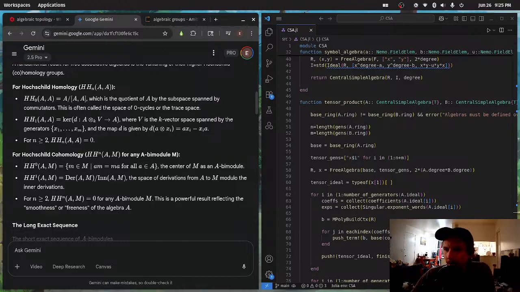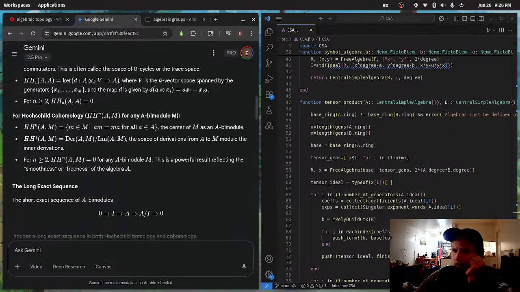HH1 is A tensor V, where V is the K vector space spanned by the generators, and the map D is given in this way. It almost looks like a bracket of some kind. And for n greater than or equal to 2, it's 0. Great. How does this relate to the ideal?